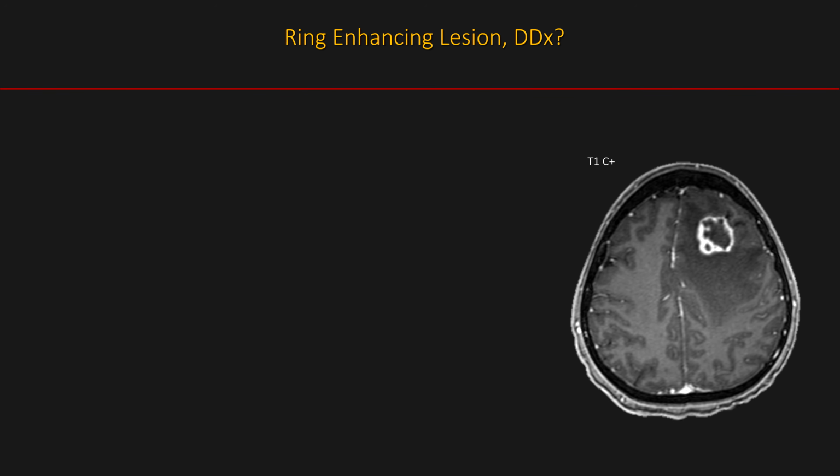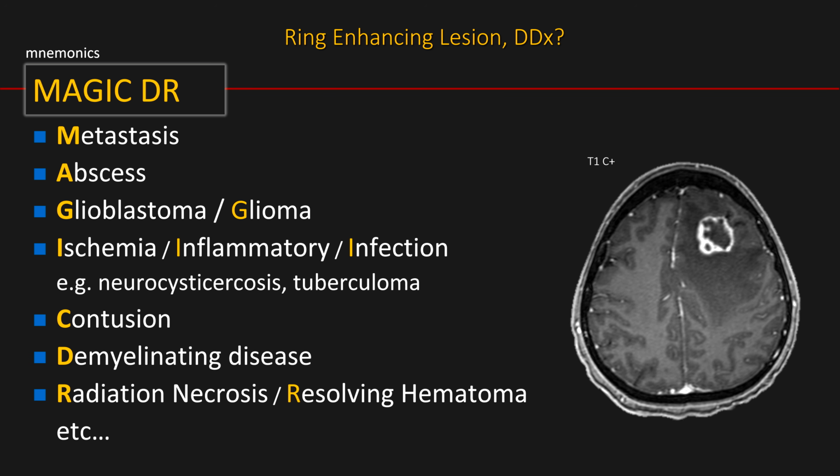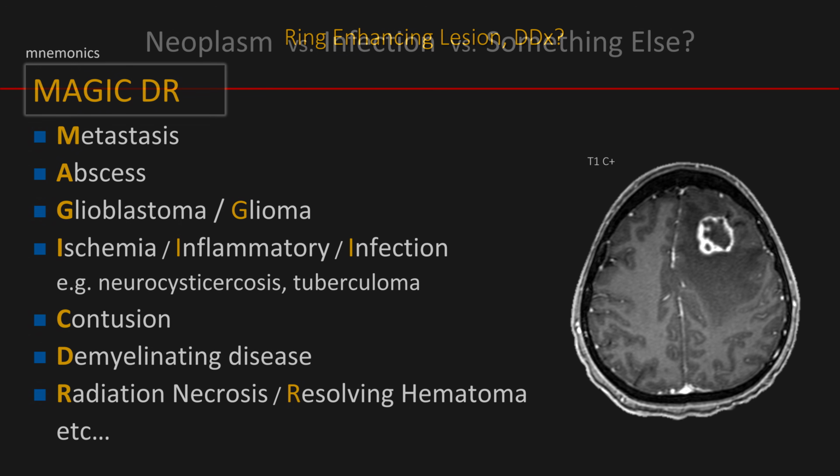So in general, if you see a rim enhancing lesion or rim enhancing parenchymal lesion, there's a long differential diagnosis that you can think about. It's rarely helpful, but it's MAGIC DR: metastasis, abscess, GBM, subacute infarction, contusion, demyelinating disease, radiation necrosis if the history fits.